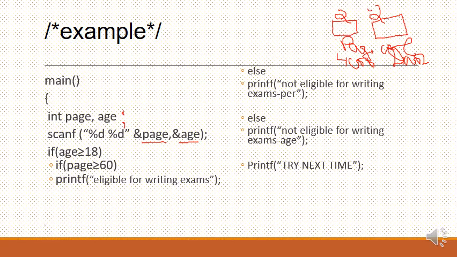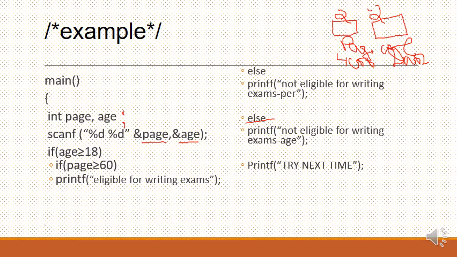But here, what happens if age is greater than 18? If this condition is true, it is going to check the next condition. If this condition is false, what should it do? If this condition is false, it is going to execute this one, because this is the else for this one. Okay, printf not eligible for writing exam because age is not permitting.